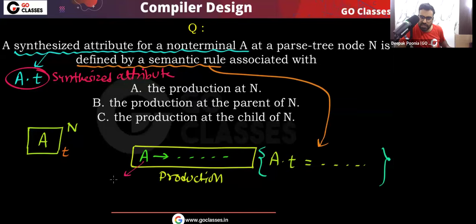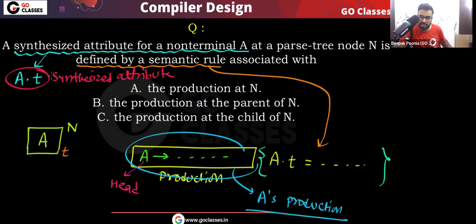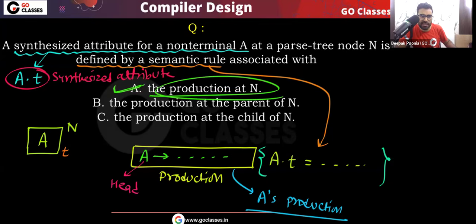So this A is on the LHS, means this itself is the head of the production. So this production is basically A's production, because this A is the head. So overall, I can say that this semantic rule is associated with the production of A itself. Yes or no? Production of A itself. So the answer will be option A, means the production at N itself.